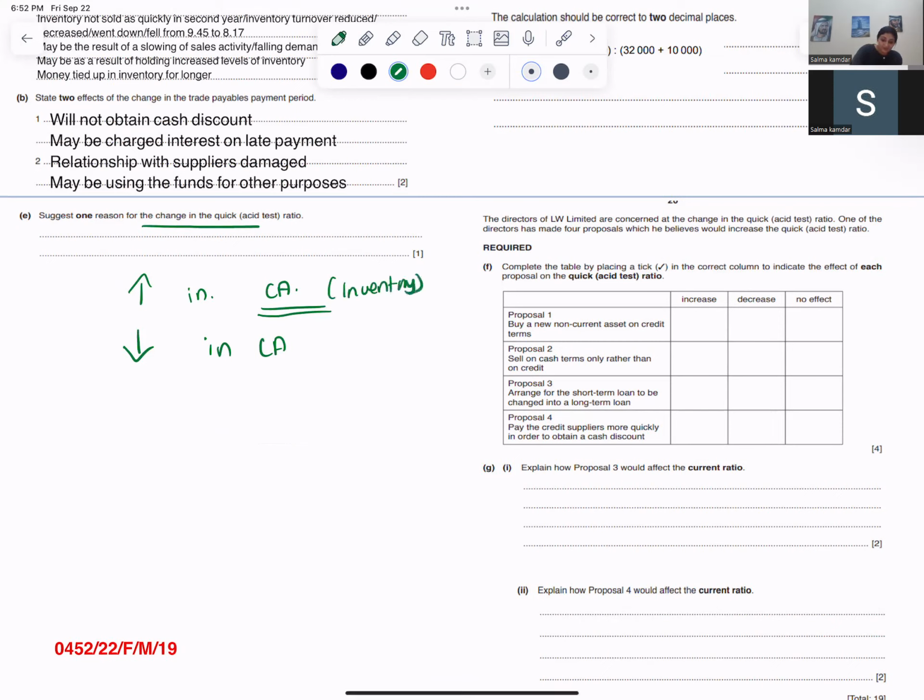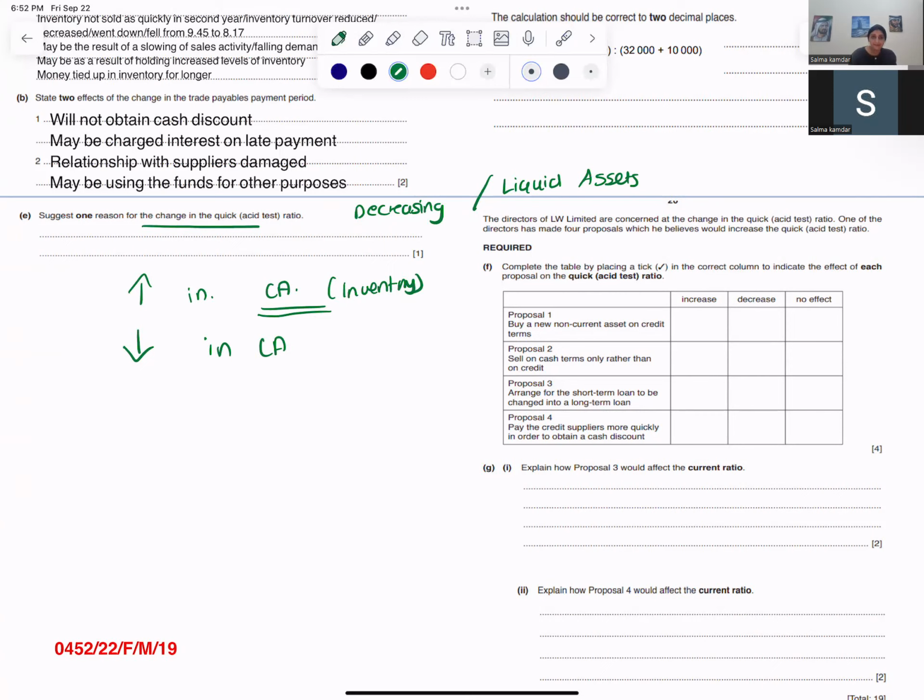Basically, your liquid assets is decreasing. The liquid assets is decreasing because there is an increase in the inventory. So that is why the liquid assets is decreasing.